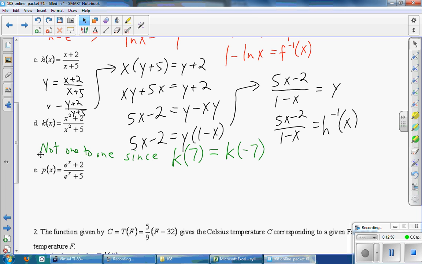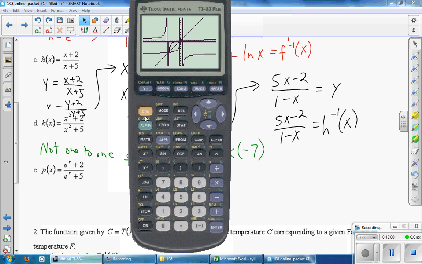Now, even if you didn't see that just by looking at the x squared, that kind of giveaway, if you've seen it before, you should hopefully see it from the graph. So if we graph x squared plus 2 over x squared plus 5, then we should see a function that is not one-to-one, a function where there's a horizontal line that hits it more than once.